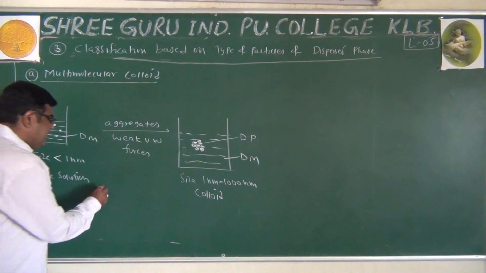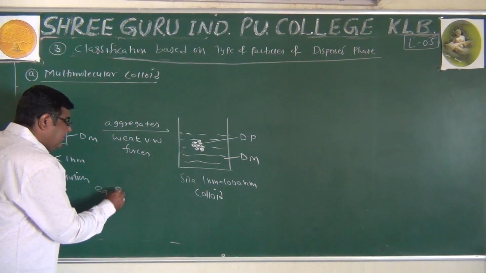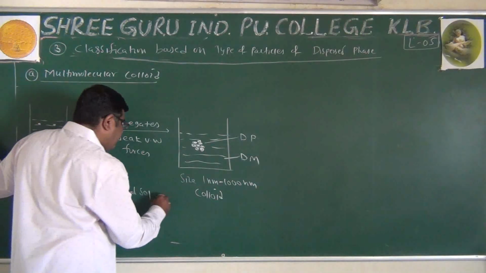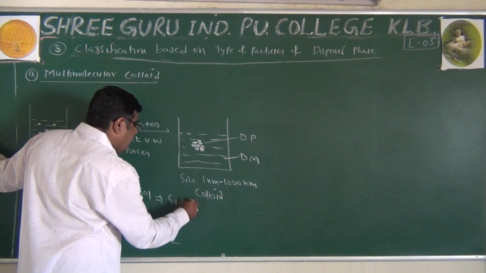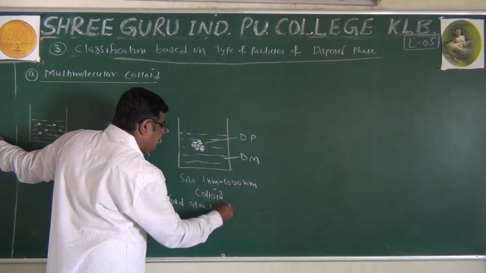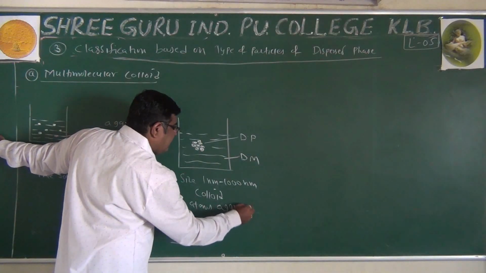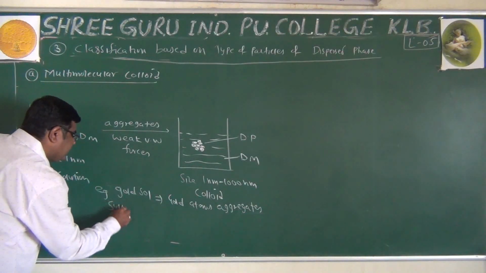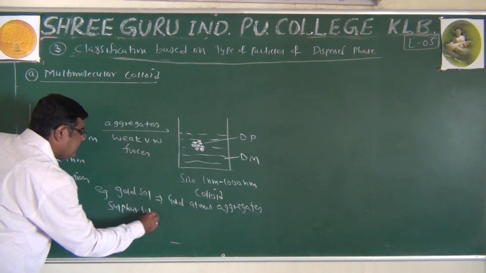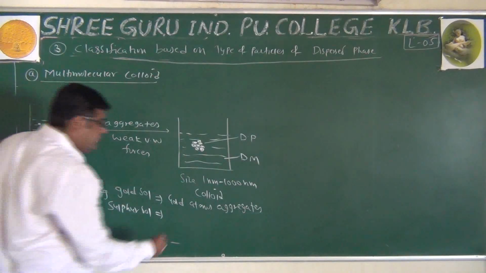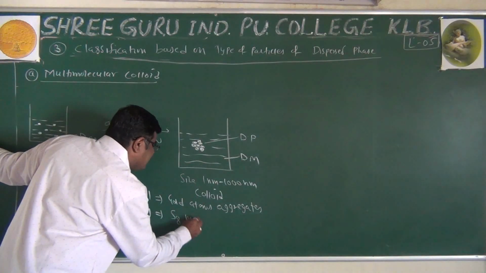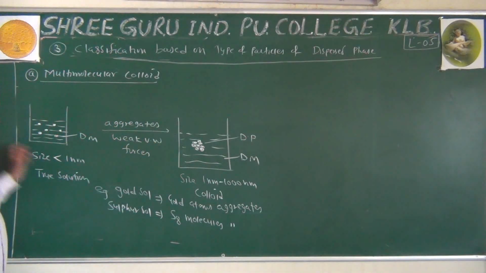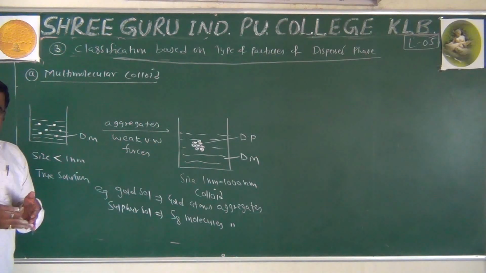What are the examples of this? Example is gold sol. In gold sol, gold atoms aggregate. Atoms are aggregating here. And sulfur sol. In sulfur sol, molecules aggregate. So atoms or small molecules aggregate.